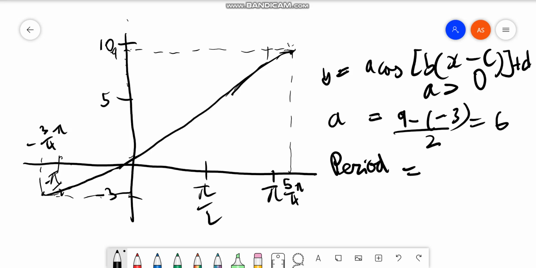So to find the period, we need to subtract these 2 points.